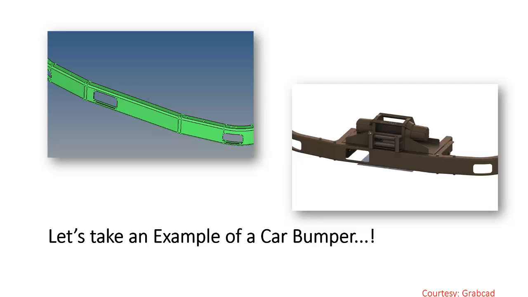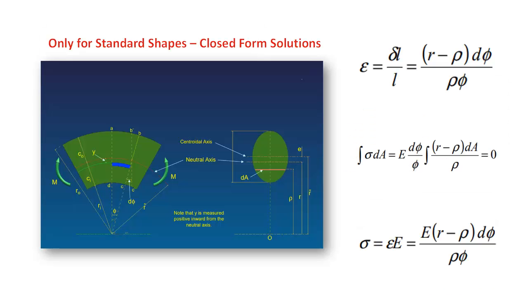You can assume this to be a curved beam or a simple rectangular plate, a straight rectangular plate. If you can assume that as standard shapes, with standard cross sections, yes, of course, we have formulas, which we call closed form solutions.